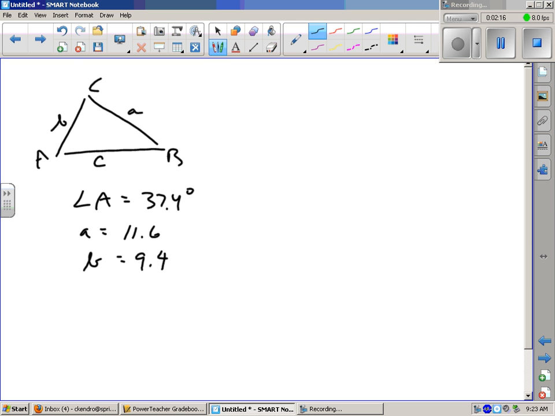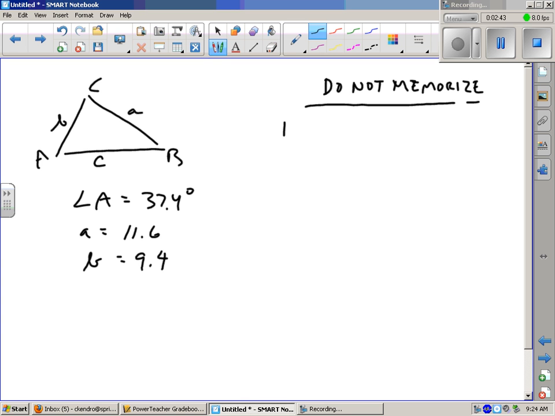Now, there are scenarios here that we're going to write down, and these are really important. I will give you these, okay? You do not have to memorize. I will give you these on any test or quiz. So it's kind of complicated. You need to keep this in front of you when you do your work.